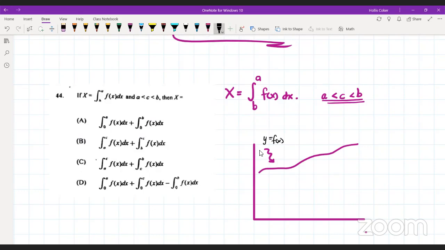At this point here, this is A. At this point, this is C. At this point, this is B. That's what this is telling me: C is bigger than A, but B is bigger than C. So on the x-axis, I put B to the right of C and C to the right of A. Follow that so far?